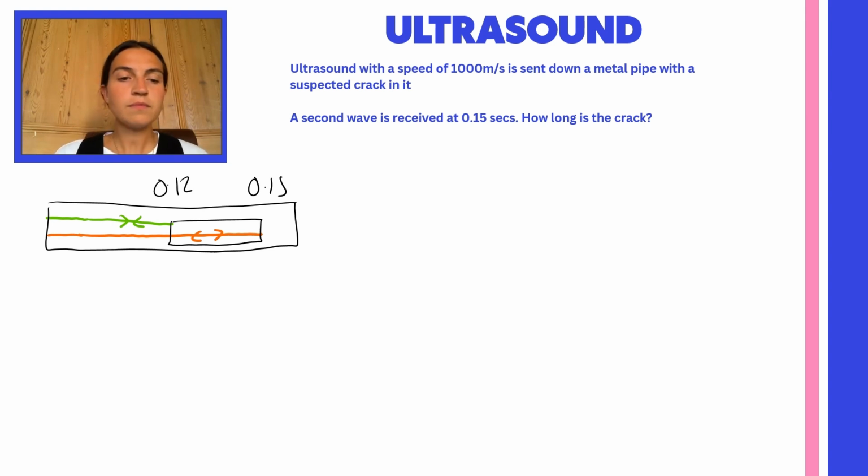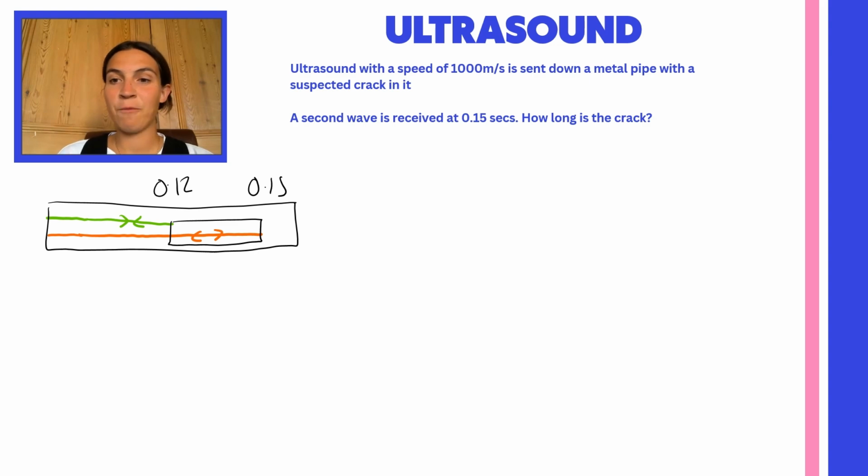So, we have that green arrow to the first boundary between metal and air, the first part of the crack, and then back, and then that orange arrow is going all the way down to the second boundary, which is where I've got air into metal again, and then back to the end of my pipe again. Okay, so that's my picture.